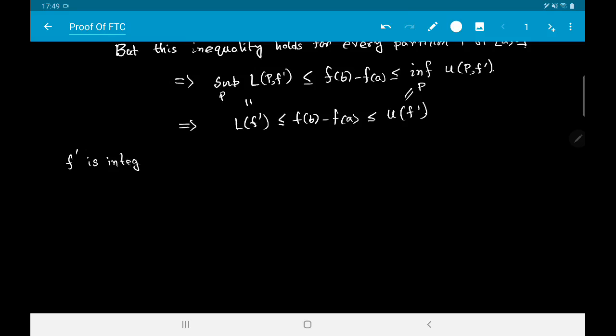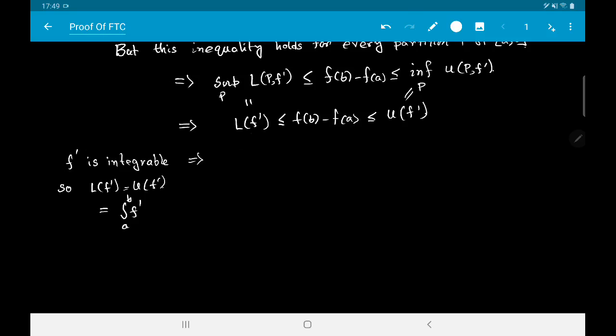So since f prime is integrable, we know that LF prime is equal to UF prime, and this has a common value, integral a b f prime, right?